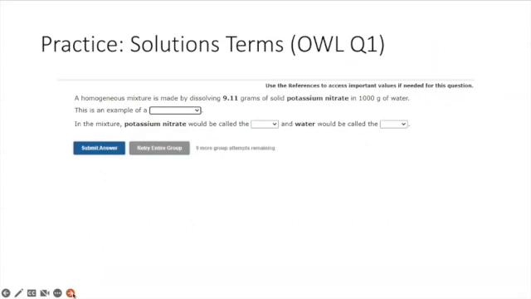This is your OWL question 1, which is just about using this terminology. In this drop-down menu, it's asking what state of matter it's going to be: solid, liquid, gas. My particular question says that a homogeneous mixture is made by dissolving 9.11 grams of potassium nitrate in 1,000 grams of water.